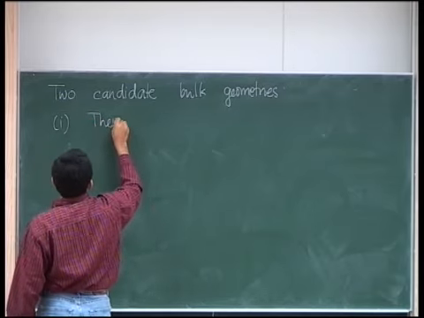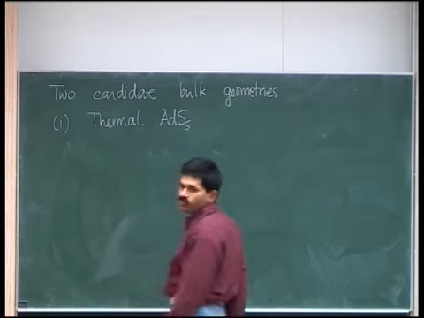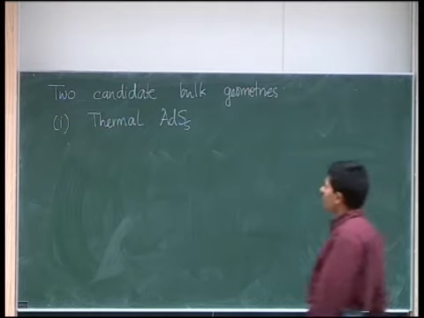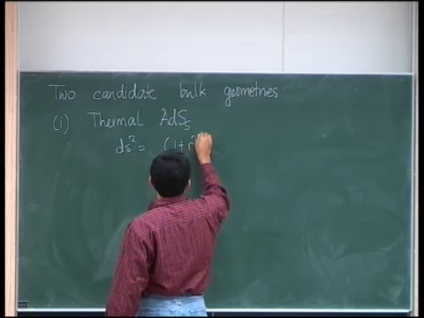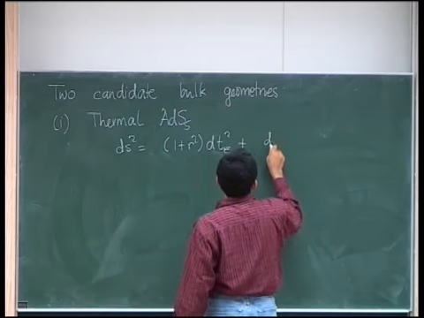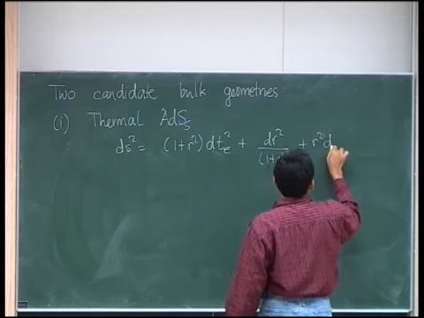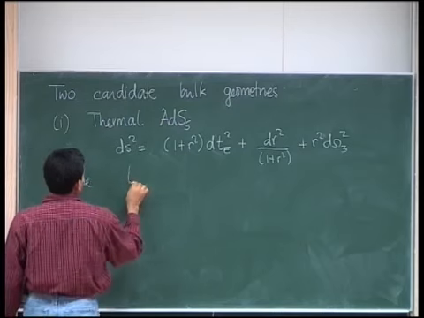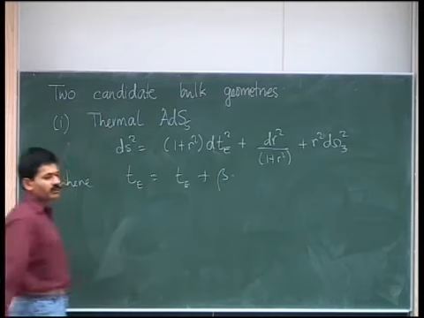The first one is very simple. It's just what I call thermal AdS5. It's just the Euclidean AdS5 geometry where this Euclidean time has period beta.